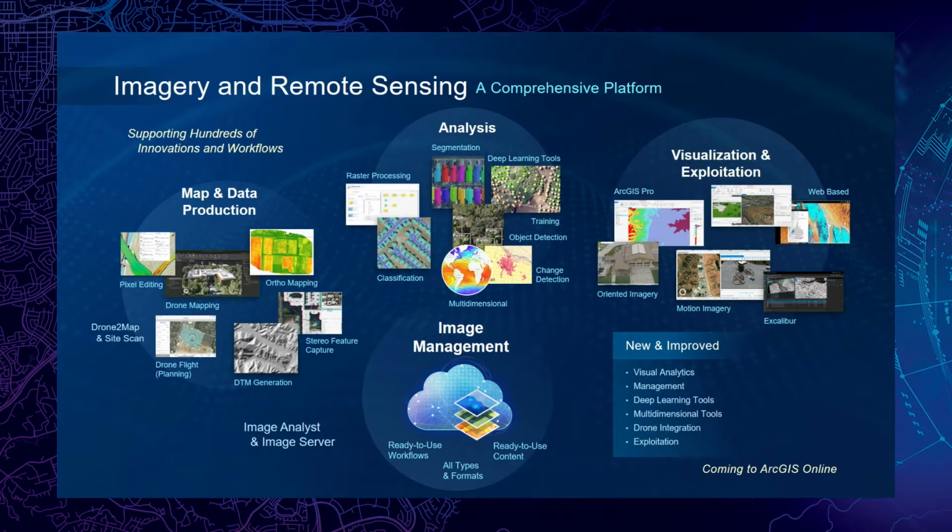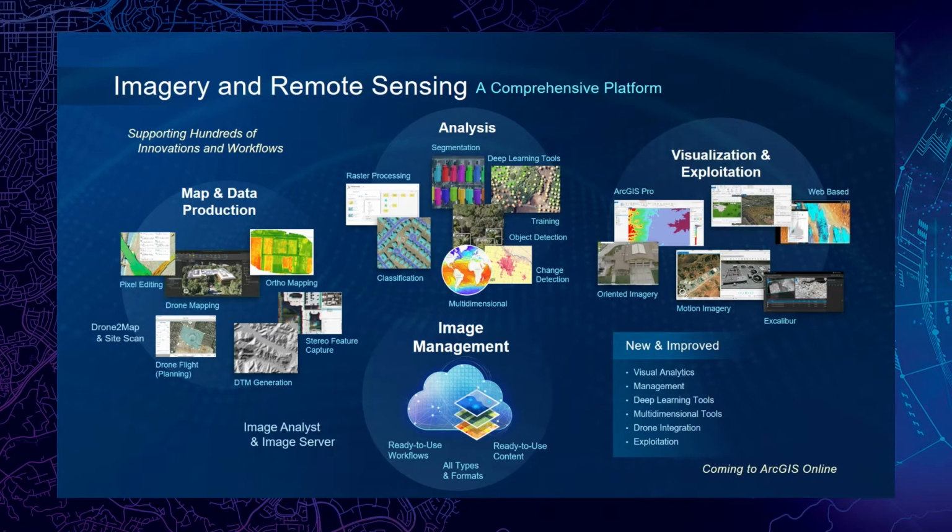We fall into 4 big categories. Starting with image management, Esri provides ready-to-use workflows, the ability to store and manage all types of formats of imagery, and ready-to-use content through ArcGIS Online, as you saw on the first day of the conference. ArcGIS also supports map making like orthomapping and feature extraction from imagery coming from drones or satellites that we are going to show a little bit later.